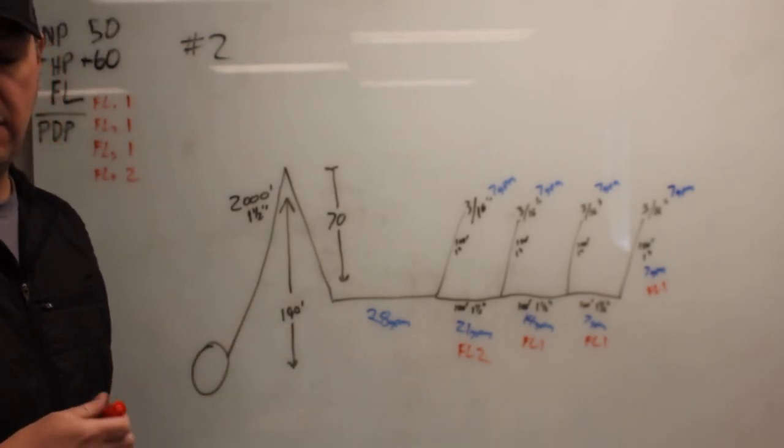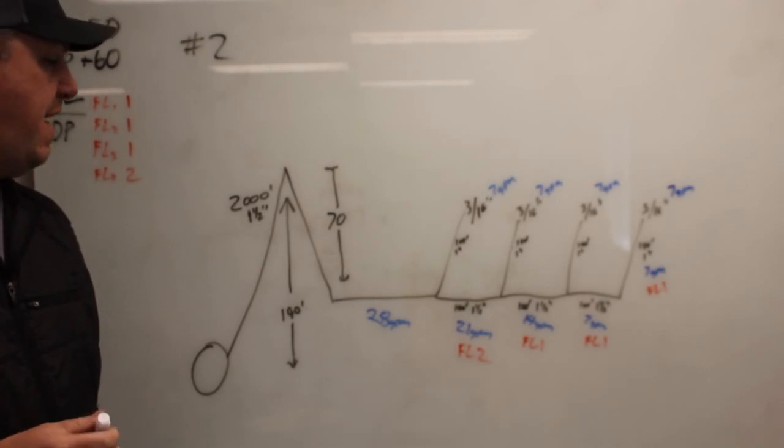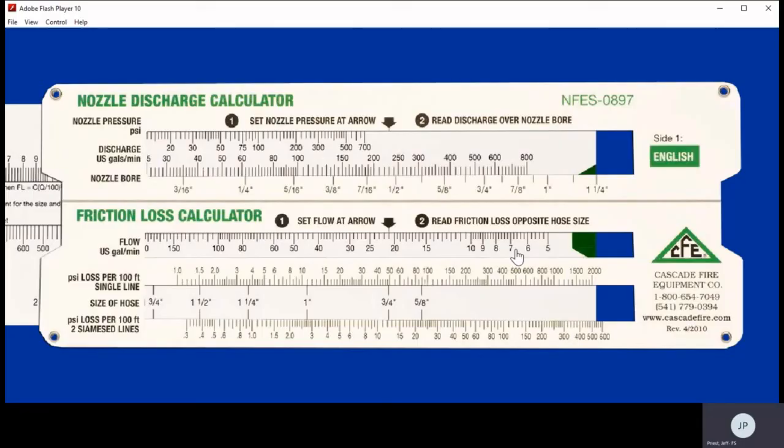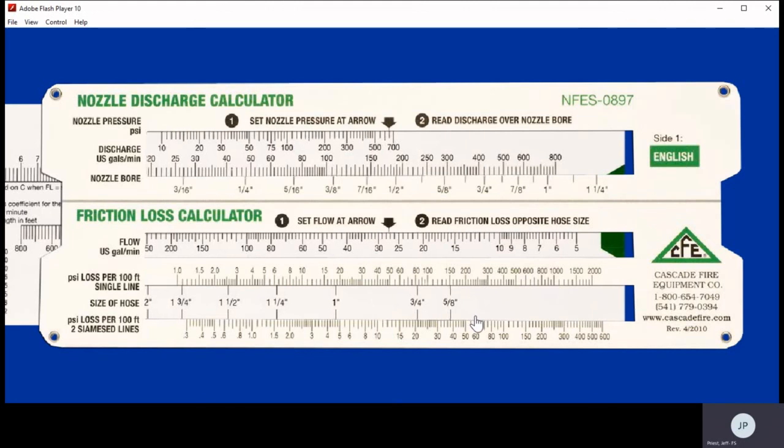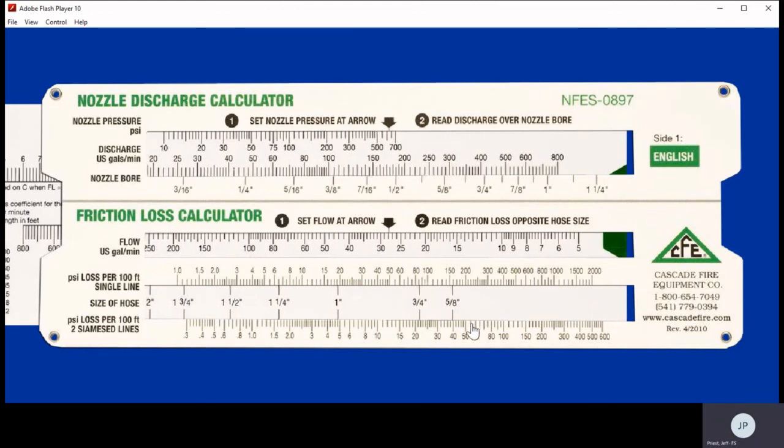All right, and I come back again, and I'm looking at 28 gallons per minute through 1.5 hose.